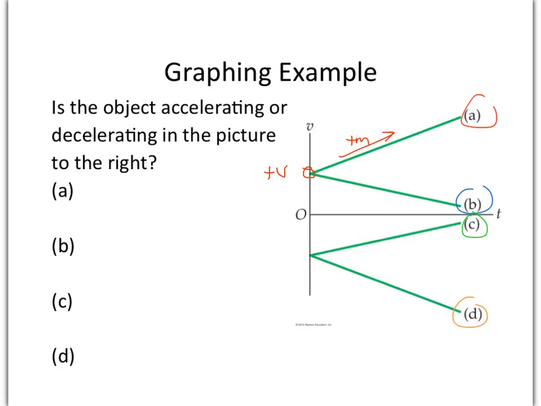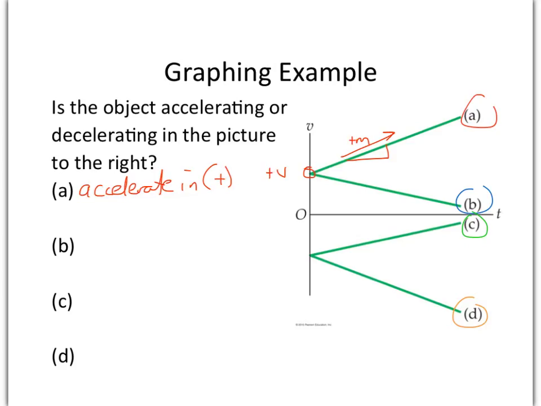Up here, we've got a positive change in velocity over time. So if we've got that change in velocity over change in time, that means it's a positive acceleration. So what's going to happen? It's going to accelerate in the positive direction. Okay? And just move faster and faster and faster.